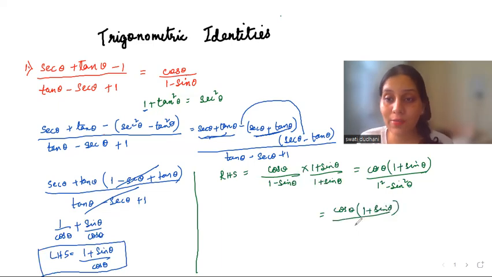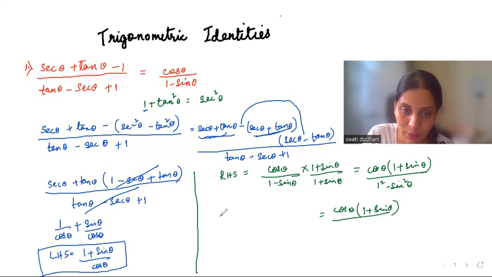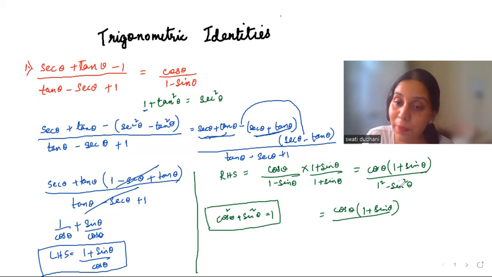Now, here we have the squares. I can use the identity. We know that cos square theta plus sine square theta is equal to 1. So here we have 1 minus sine square theta, which is basically cos square theta. So, cos square theta.